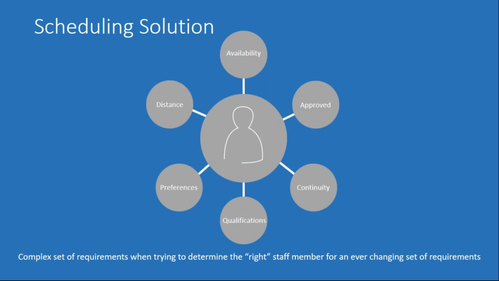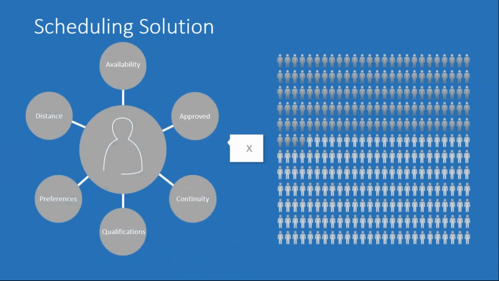However, manually on a piece of paper you could do that with a low number of care workers or employees. However, the challenge is when you're then trying to manage and schedule and plan hundreds of people.